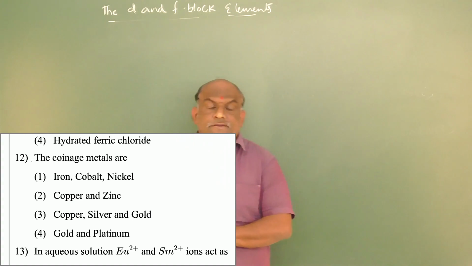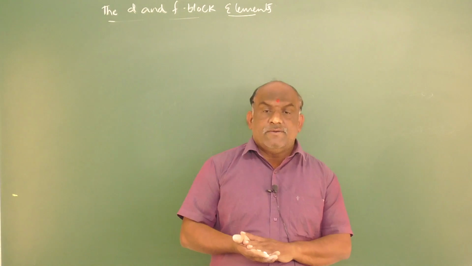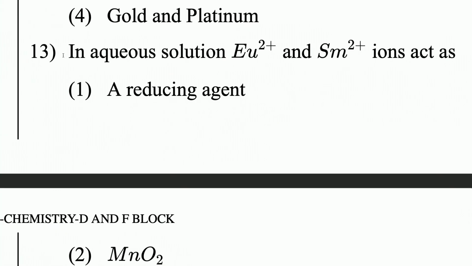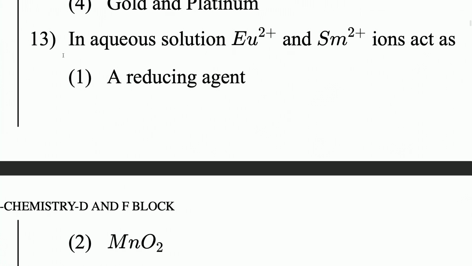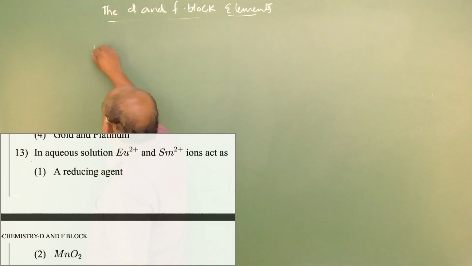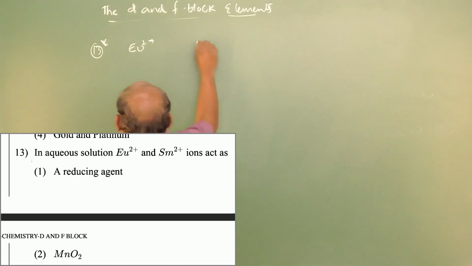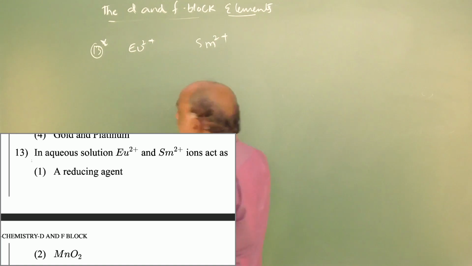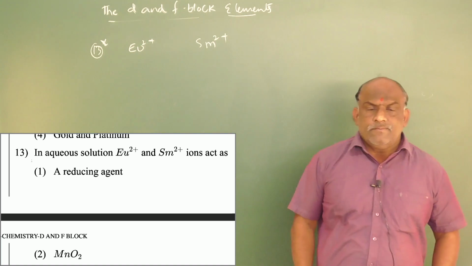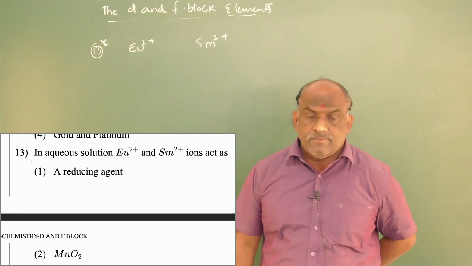After that, question number 13, very important: in aqueous solution, Eu2+ and Sm2+ ions act as. Eu2+ is europium, Sm2+ is samarium.